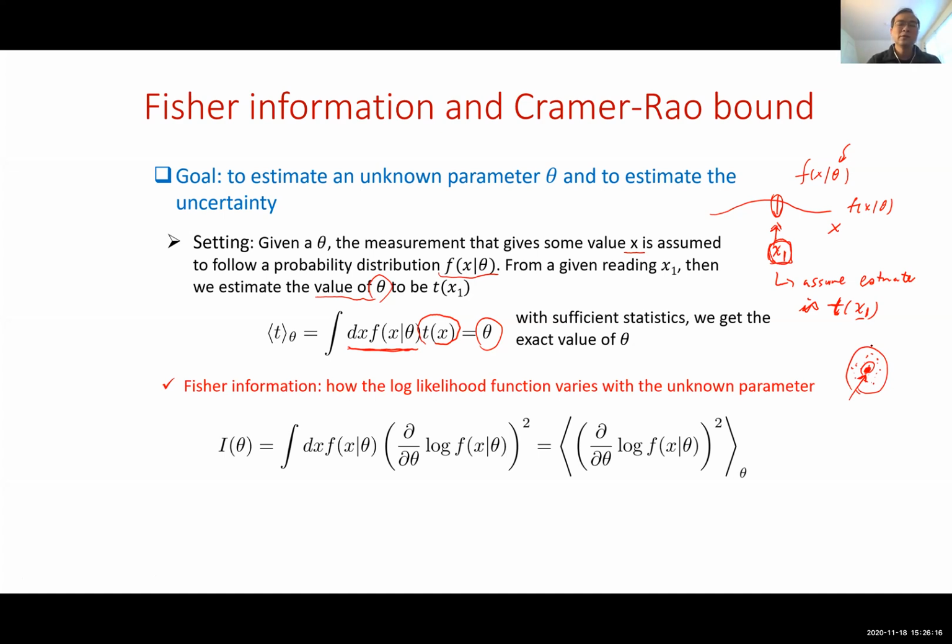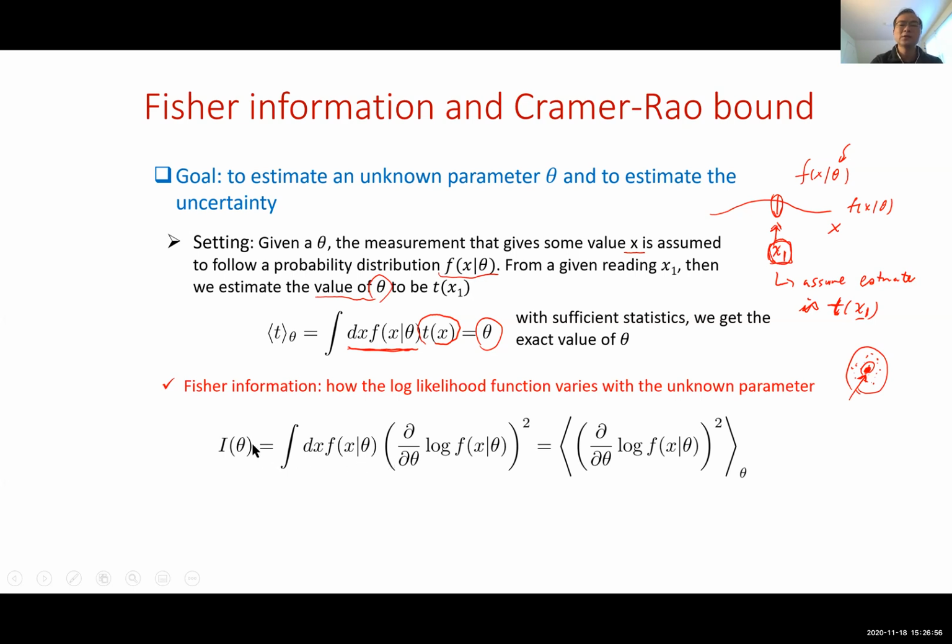Next, I'm going to define Fisher information. In terms of interpretation, it is related to the so-called log likelihood function. Likelihood basically is the distribution, right? So it really is asking how this log likelihood function varies with the unknown parameter theta. To see how it varies, we just take the derivative, then take the square and average over the distribution.